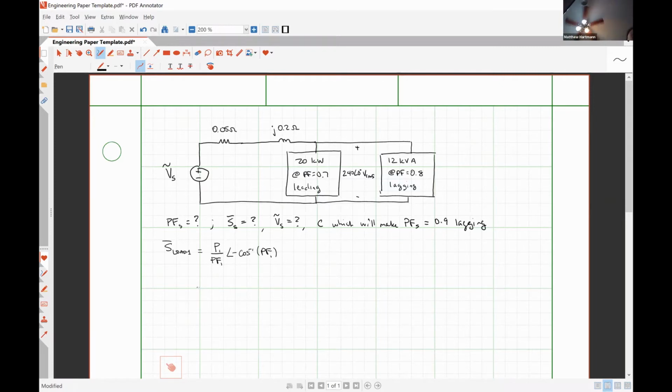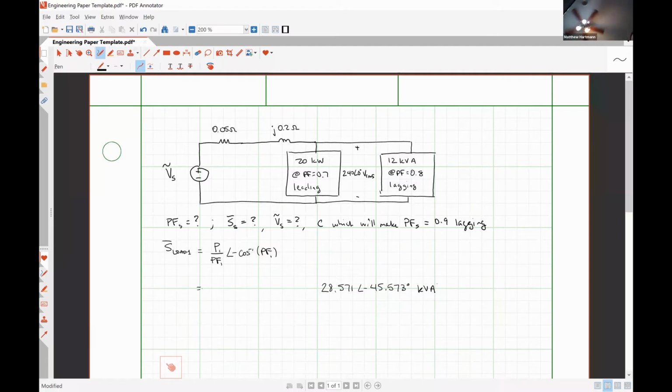So if we substitute in the numbers from our circuit diagram, this is going to be 20 kilowatts divided by 0.7 with an angle of inverse cosine of 0.7, and this is going to give me 28.571 with an angle of minus 45.573 degrees kilovolt amperes.